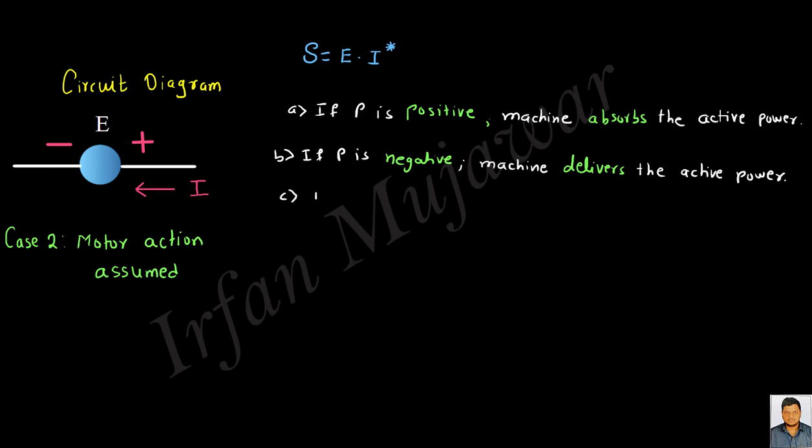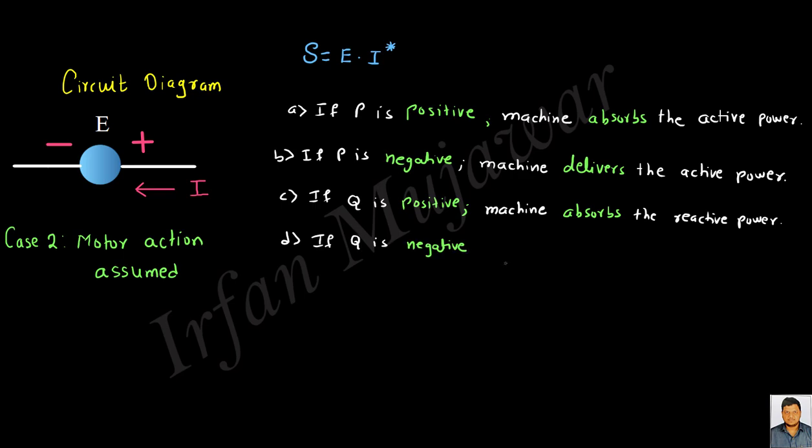If Q is positive, then as per this convention we are assuming motor action, so it will absorb the power, and if you are getting Q as positive, it means it is really absorbing the power. And finally, if Q is negative, it means the machine is not absorbing the power, but it is actually delivering the power. So reactive power is flowing away from the positive terminal. That is the meaning.